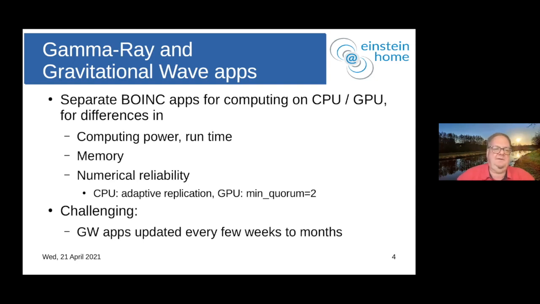On one hand, memory available on different computing devices, and on the other hand, numerical reliability. So for CPUs, we can go with adaptive replication. For GPU results, we rely on complete validation with a fixed quorum of 2.